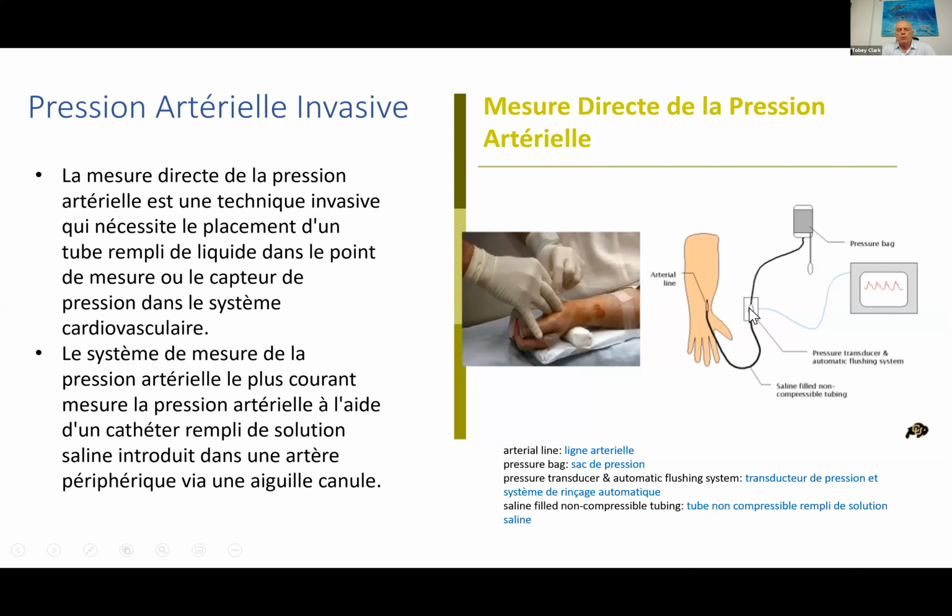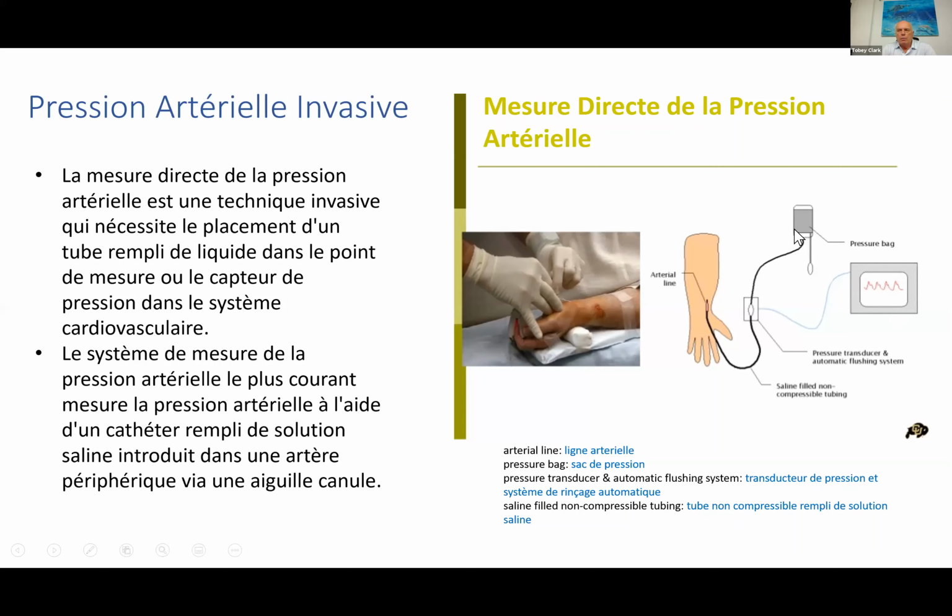That goes to a pressure transducer that sends a signal to the monitor. But you also have a high pressure, very slow, constant infusion of fluid into the patient.